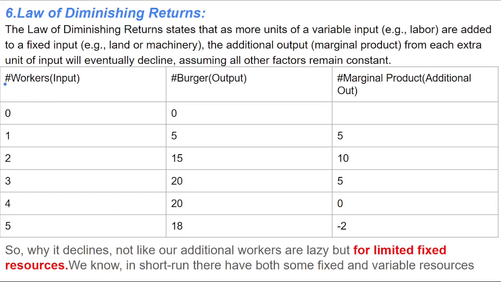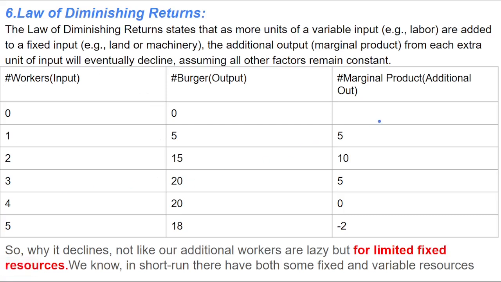Column number 1 is for workers, which is input, and column 2 is for burgers, which is output. When our number of workers is 0, our burgers is 0. When our workers is 1, our burgers is 5. And for 3 workers, our burgers number is 20, and the list goes on.